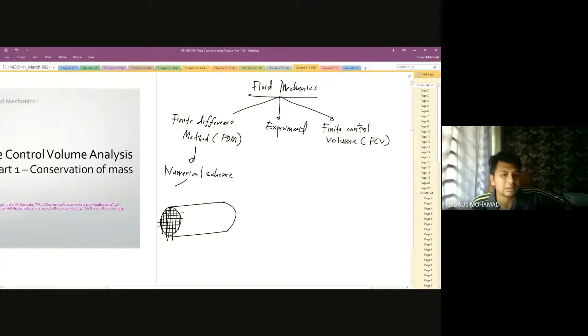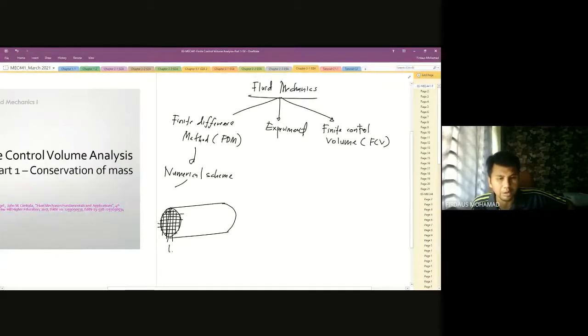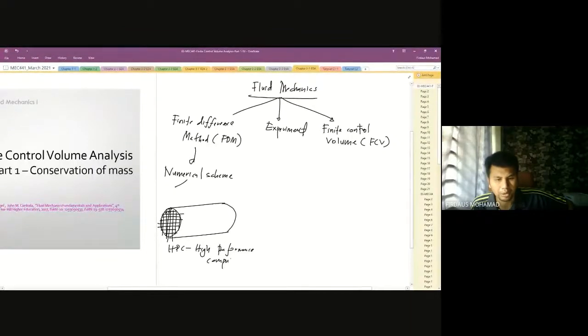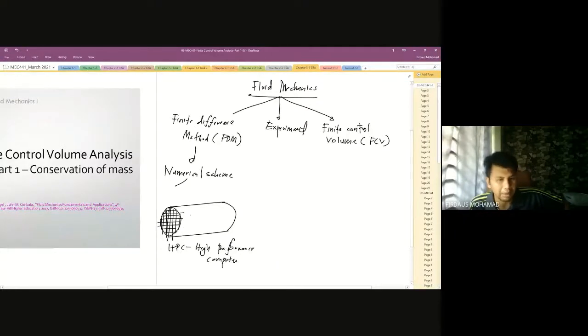Of course, this cannot be calculated on paper, so you need to use HPC, or high performance computer, in order to solve this kind of method. Of course, when you want to use a high performance computer, the main drawback or problem is related to the resources.